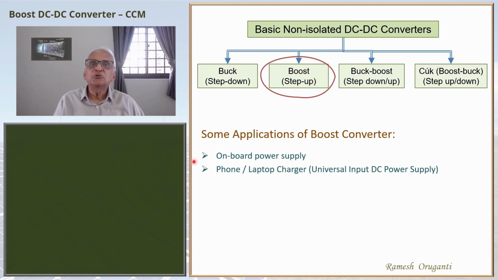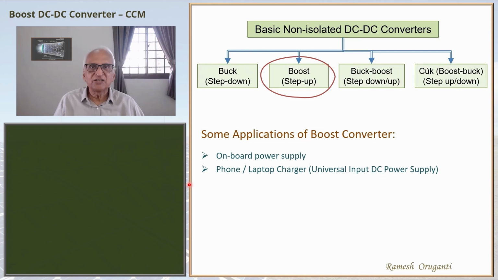These are called universal input DC power supplies. So whether the AC power is 230 volts 50 Hz or 110 volts 60 Hz, you don't have to change the charger these days thanks to the boost converter. Boost converter makes it possible to achieve this functionality.